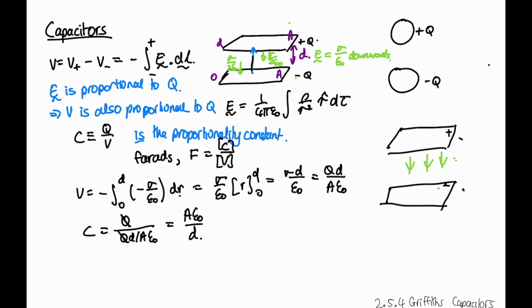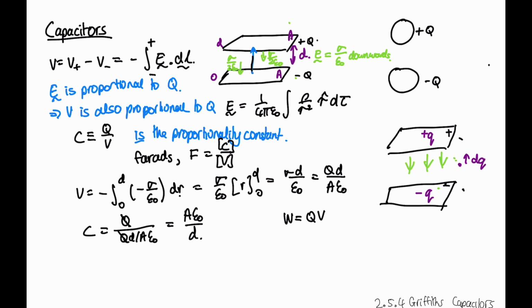Just remembering back to when we were learning about work, we said that the work done was equal to the charge times the voltage. That was how much work we had to do to move this charge Q through some potential difference V. So what we're going to consider now is a point in this process where the upper plate has a charge plus Q, the lower plate has a charge minus Q, and we're going to move a little increment of charge up here, and that little increment of charge is going to be dq.